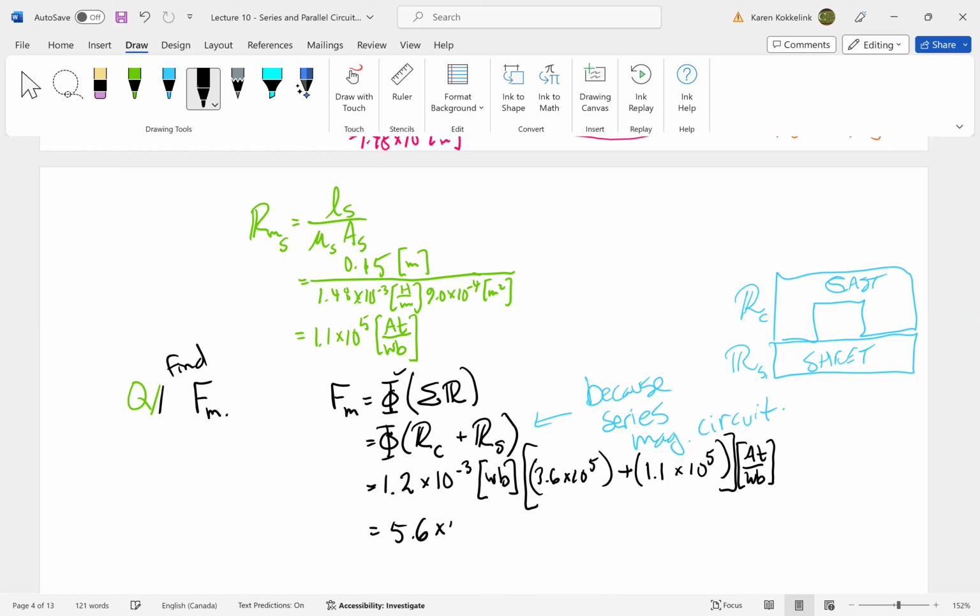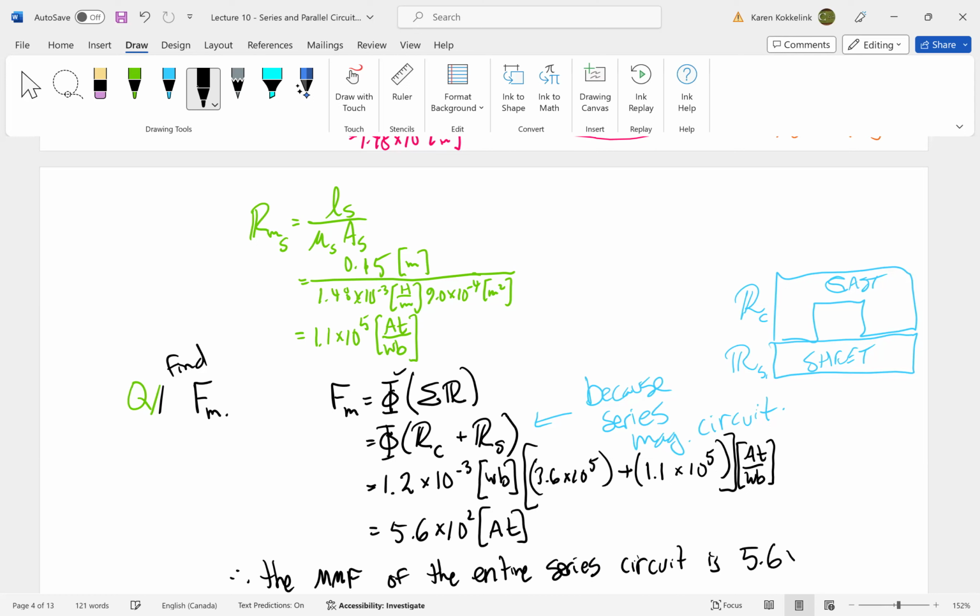That gives 5.6 times 10 squared amp turns, or just amps as the official unit. Therefore, the MMF of the entire series circuit is 5.6 times 10 squared amp turns.